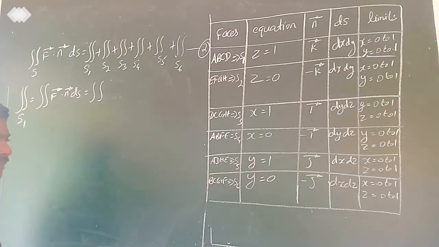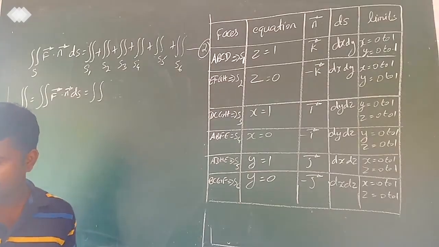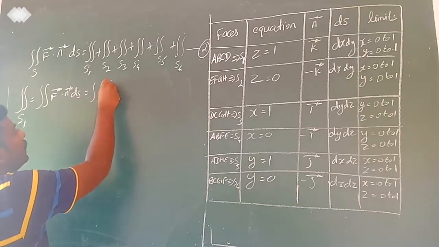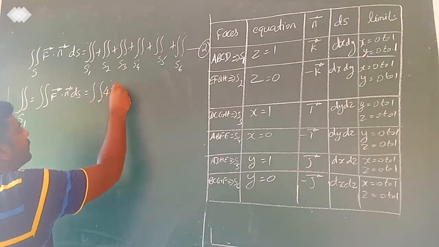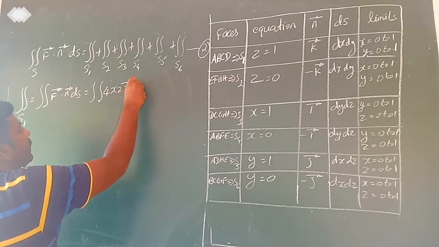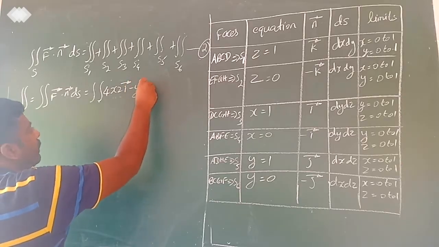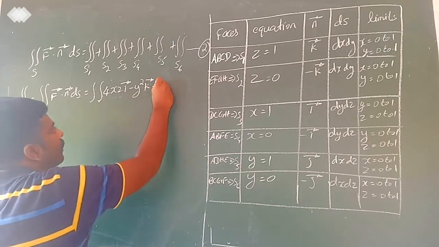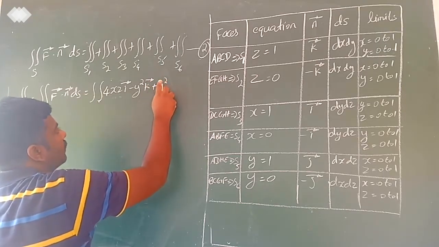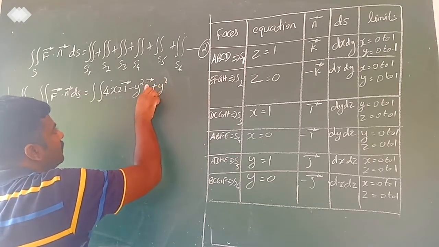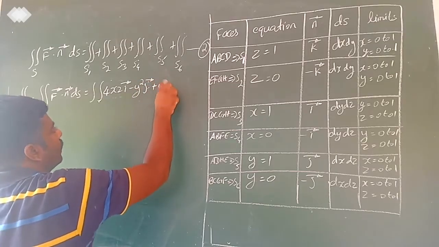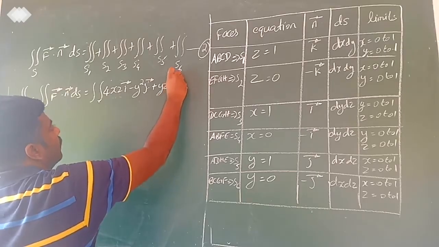You know f vector: f vector equal to 4xz i vector minus y square j vector plus yz k vector.